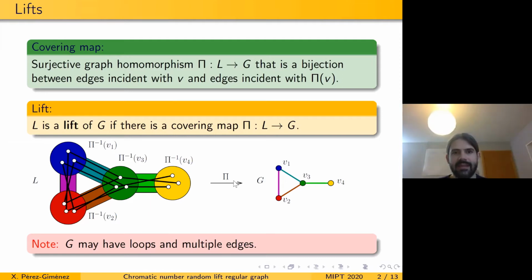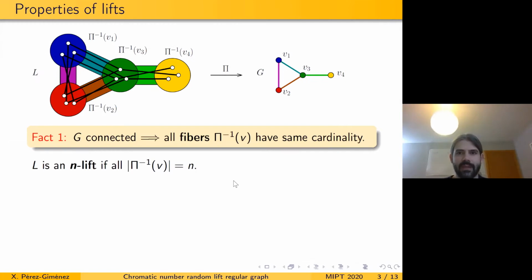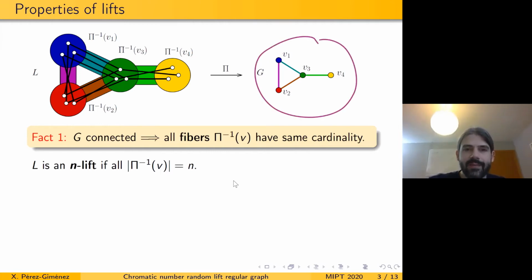And I won't be talking about loops and half loops much, but I just wanted to let you know that they exist. Okay, so as I said, here's an easy observation. If my base graph is connected, then all the fibers have the same cardinality, as I mentioned before, which could be infinite.